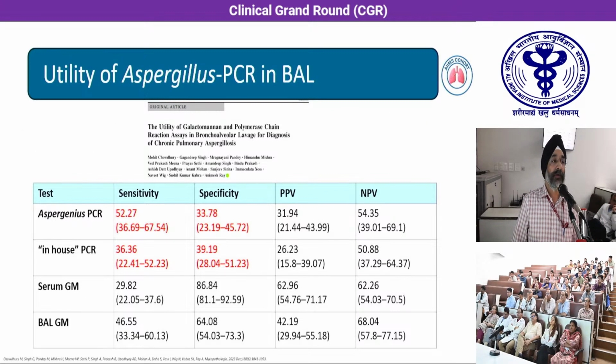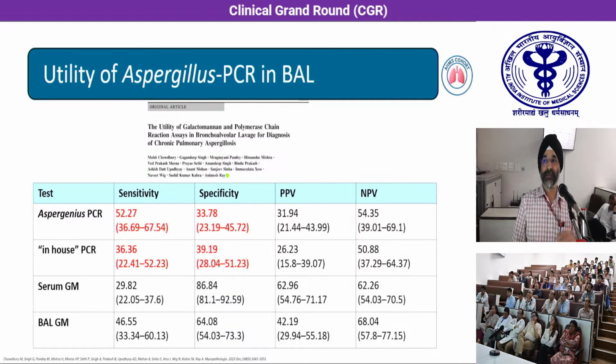So this was one of the studies where we had done Aspergillus PCR in BAL in the CPA cohort, where we had shown that Aspergillus PCR, as I've said, did not have good sensitivity or specificity. Serum and BAL galactomannan, rather contrary to the finding that we had expected, showed opposite results.